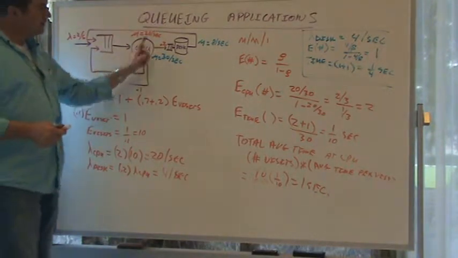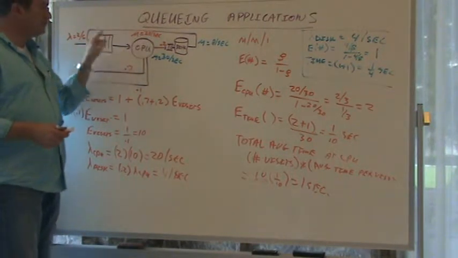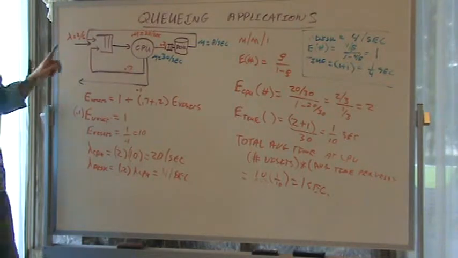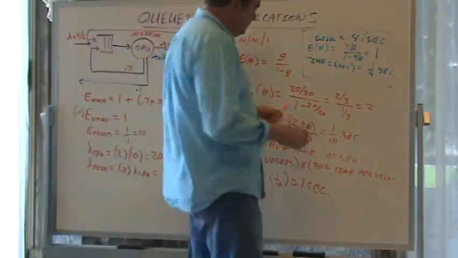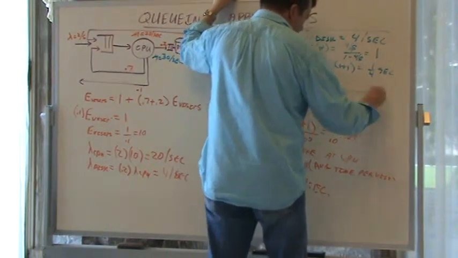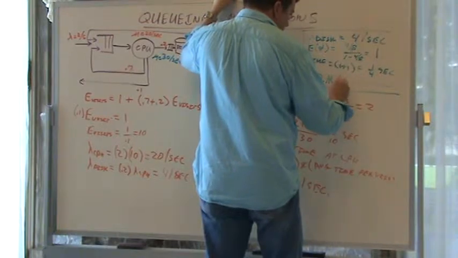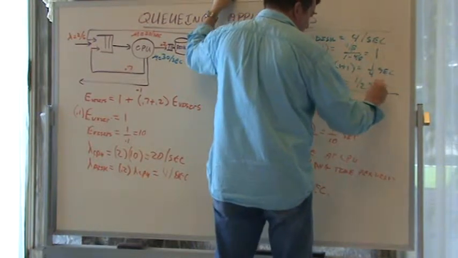So we're going to visit this disk drive 2 times before we get out the door. Each visit will be 1/4 of a second each, so 2 times 1/4 equals a half a second.